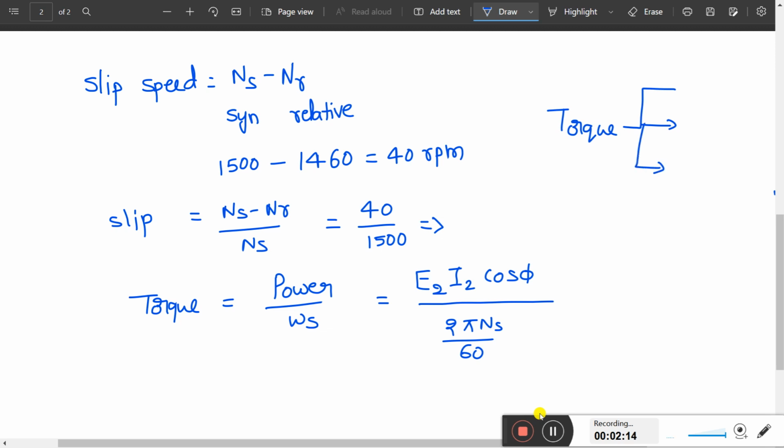First one is at the starting, which we call the starting torque, and then the position where we get the maximum torque, and the last one is the full load torque. We will go through these three torques: starting torque, maximum torque and full load torque with respect to slip, how the torque varies, and we will deal with the power losses also.